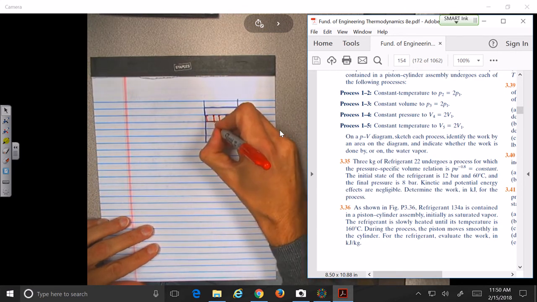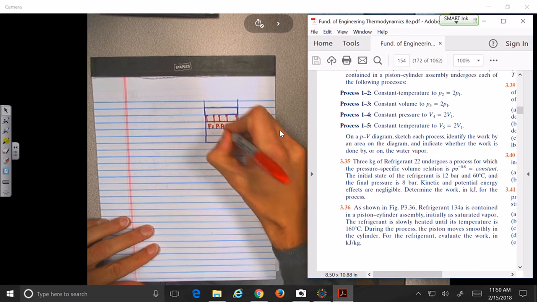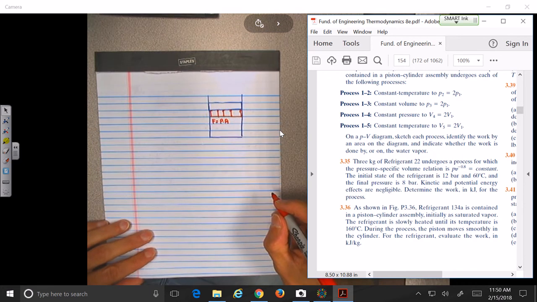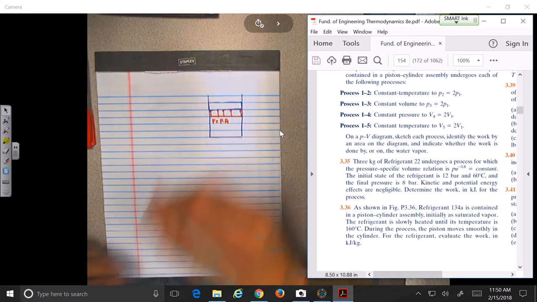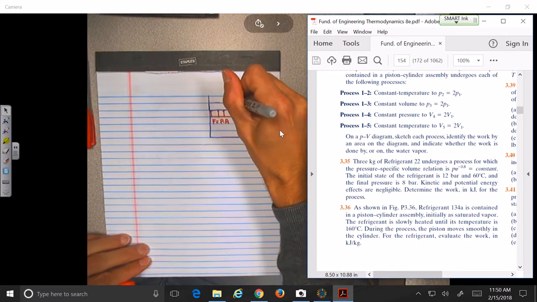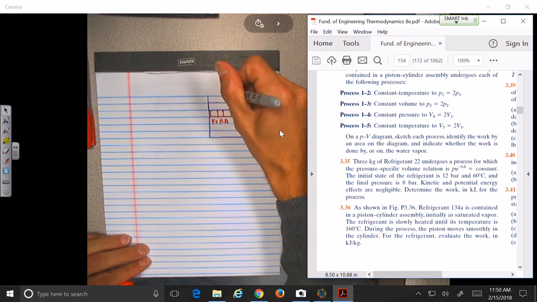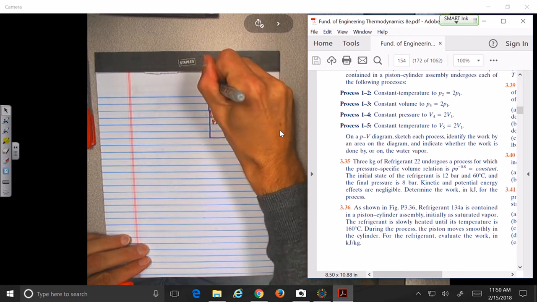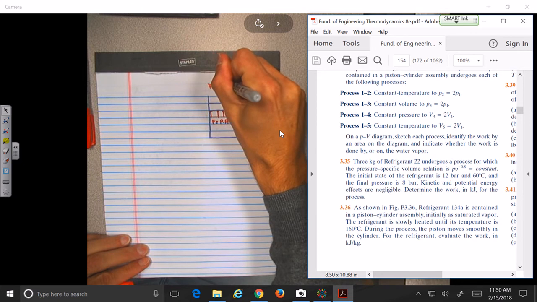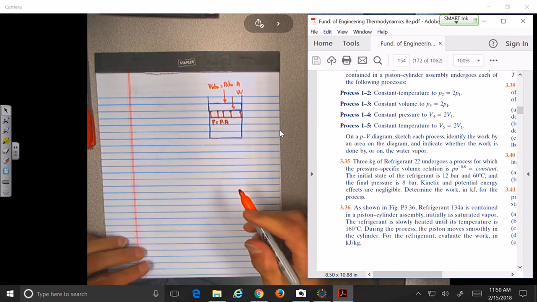Should be the one resisting. So if you want, the force inside will be equal to pressure inside times the area, no? Yeah? And that force over here should resist what? Should resist the weight of the piston plus the force created by the atmosphere, that will be equal to P atmosphere of 1 bar times the area, no?